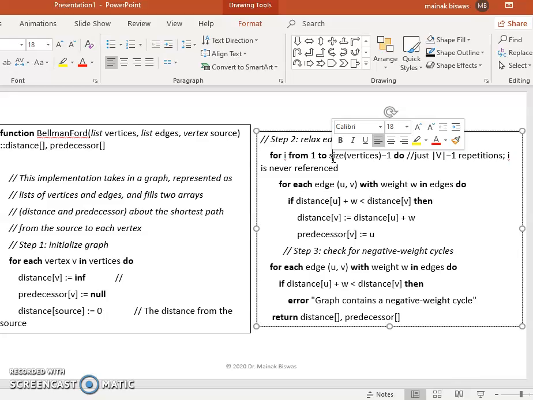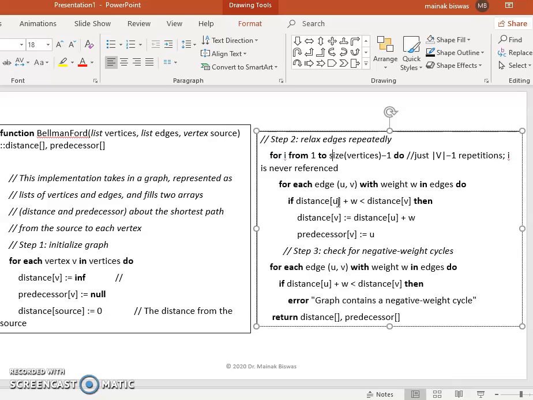Inside that, for each edge and its weight, the algorithm decides the distance of a particular node. If there is a source and a destination vertex, and the source's distance plus the weight of the edge is less than the distance of the destination vertex, then the destination's distance is changed to the source's distance plus the edge weight between the source and the destination.